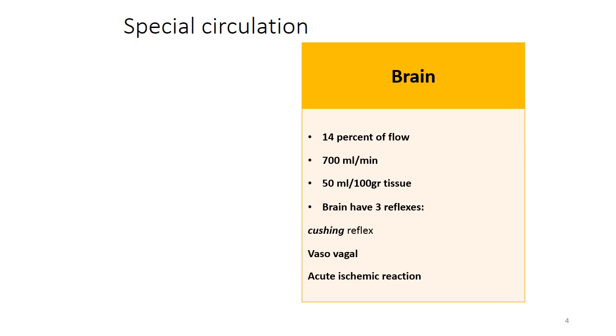Cushing reflex is about higher cranial hypertension in comparison to other blood flow. It means that the blood pressure in the brain is a little higher than other blood flow in our body. Why is that important?